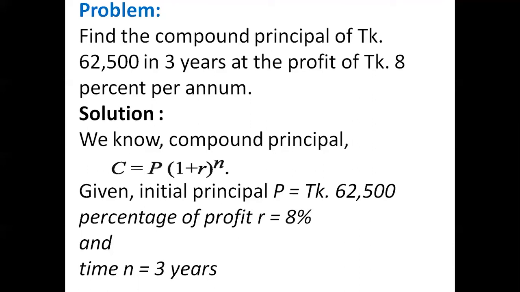And what is P? This is the initial principal, and according to your question, the value of P is 62,500 taka. The percentage of profit R equal to 8%, and the time n equal to 3 years.